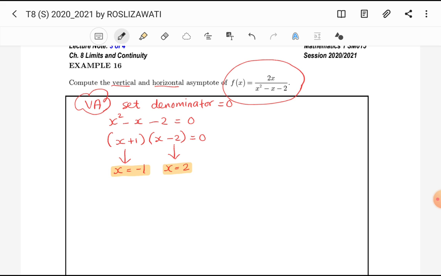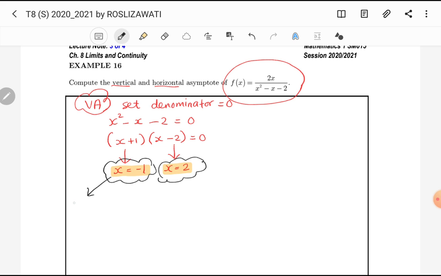Untuk x equals 2 pun, limit 2 from right and 2 from left. So untuk satu number ni, kita kena check dua benda, from left and right. And for this case, we have two numbers, meaning that kita kena check 4 kali. Yeah? Okay, so for x equal to negative 1 first.